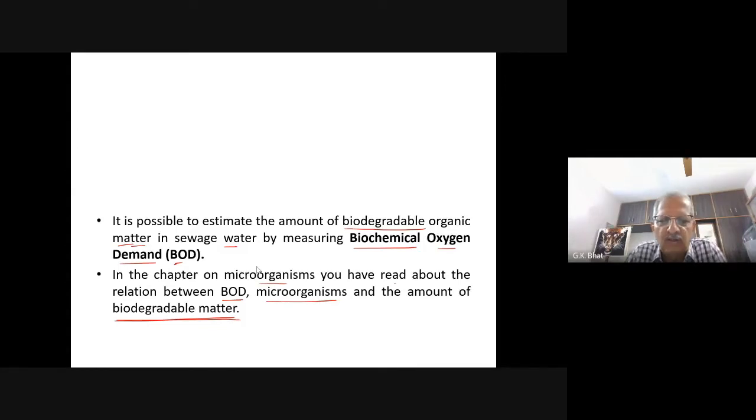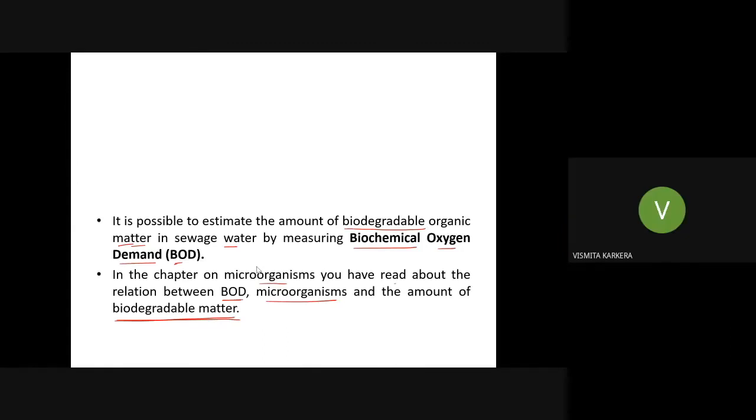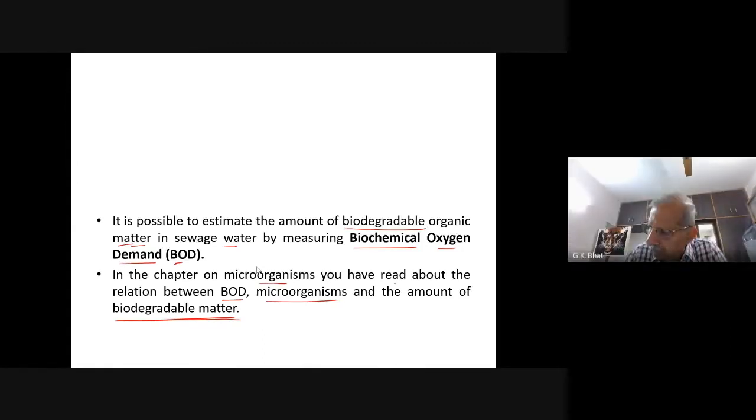What is that? Can you recall? Anyone else? Sir, if BOD is more, pollution is more. It is highly polluted. If the biological oxygen demand is more, it is highly polluted.